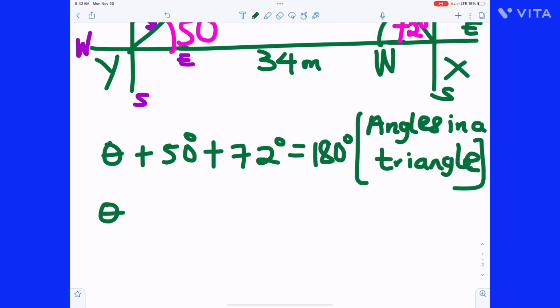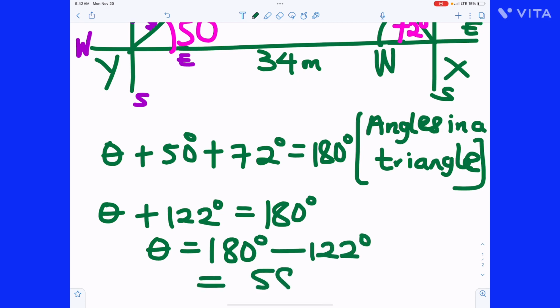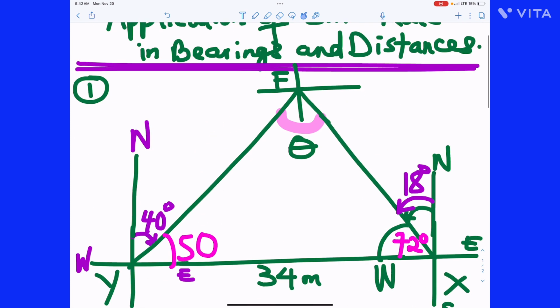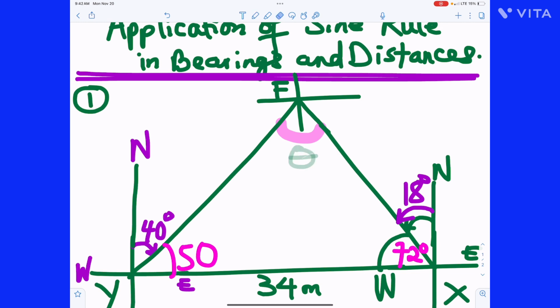So theta plus 122 degrees is equal to 180 degrees. So theta is 180 degrees minus 122 degrees, which gives you 58. So that means this third angle in the triangle is 58 degrees. I can take out that theta.